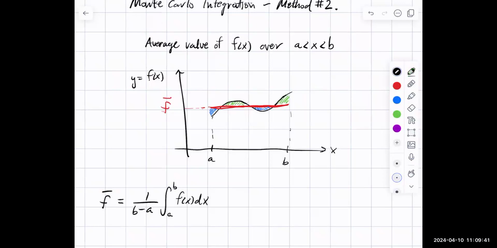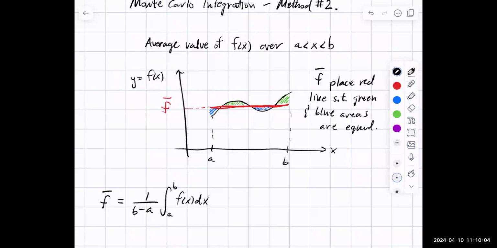And so F average places the red line such that the green and blue areas are equal.